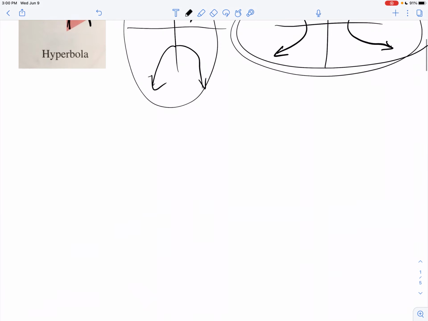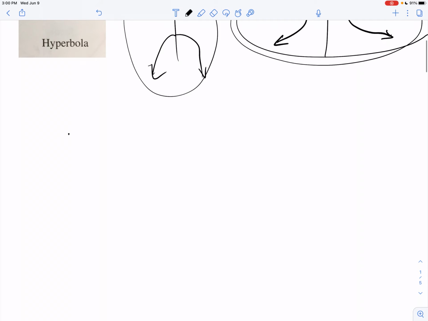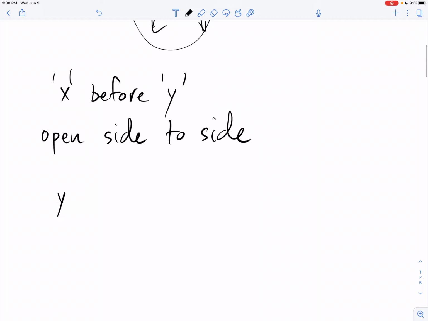So I always say x before y, open side to side. But what about y? Well, what if it's y before x?